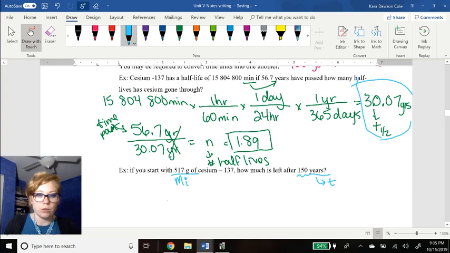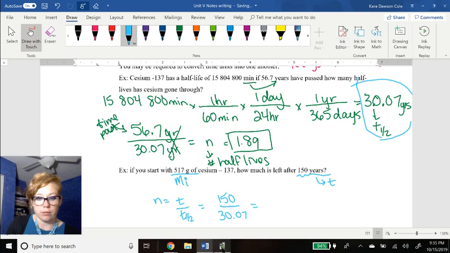So I need to first, and most likely this is what you're always going to do, find the number of half-lives. So N is equal to the time over the half-life. So that's equal to 150 divided by 30.07.